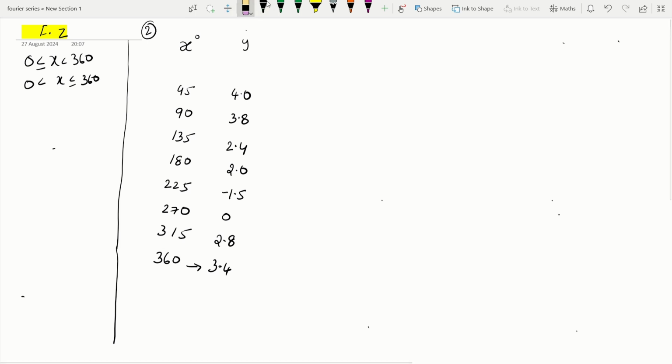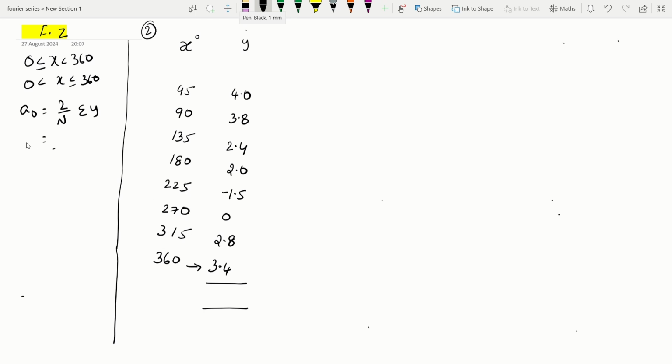This is important. If you included that 3.4, then summation y will be wrong, and A naught will be wrong. So don't do that. Now, summation y values we need to calculate, because what is the A naught formula? A naught is equal to 2 by N summation y. So what is capital N value? How many are there? 3 here, 6, 8 is there.